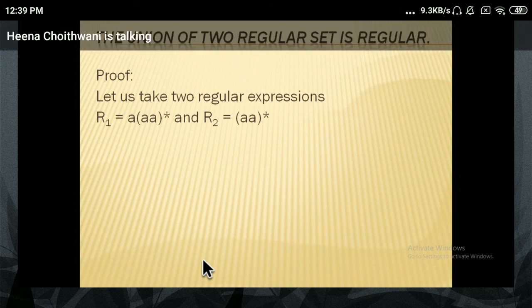Priyanka, is it okay? So AA cannot be here, right? Are you able to convert a regular expression into a language? Now my language is nothing but all possible strings of A in odd length, right?